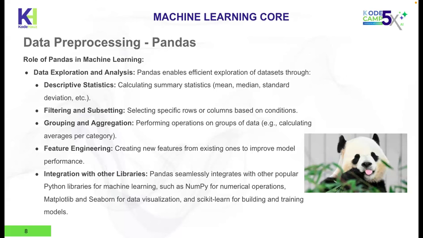You can filter and subset, select specific rows that you want to do calculations or transformations on. And you can do that based on what we call a mask. A mask is basically a condition that you can use to select a subset of the pandas data frame, whether it is a row or a column or a combination of rows and columns or multiple rows and multiple columns.